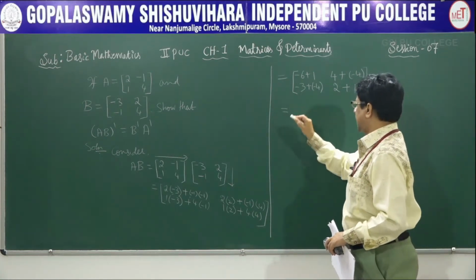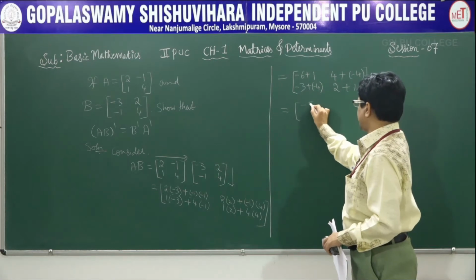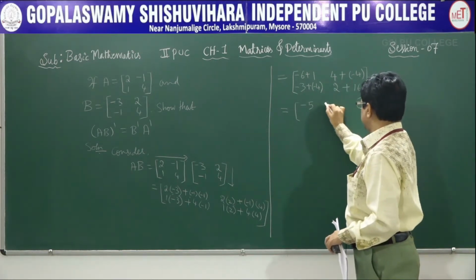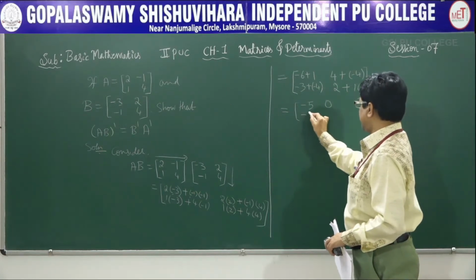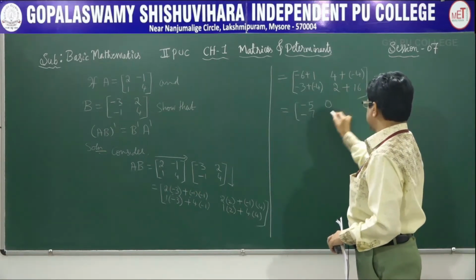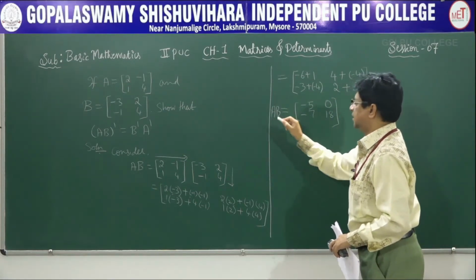So, that will be equal to minus 6 plus 1 minus 5, 4 minus 4 0, minus 3 plus minus 4 minus 7, 2 plus 16. So, this is the product AB.